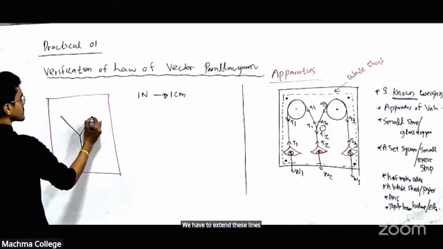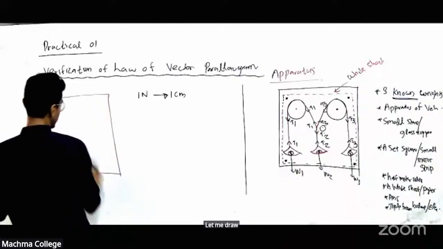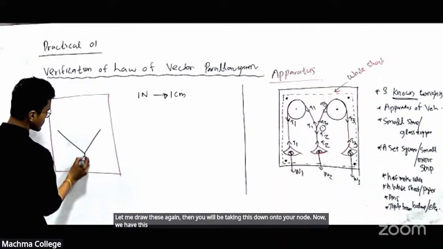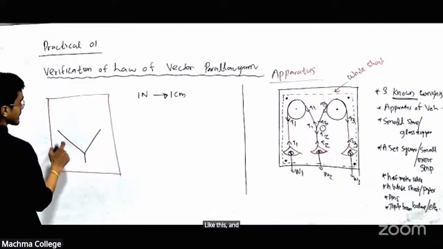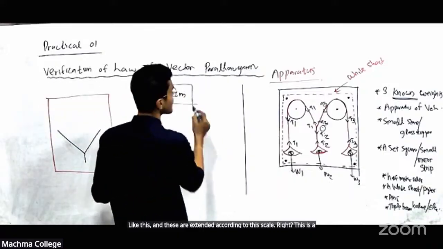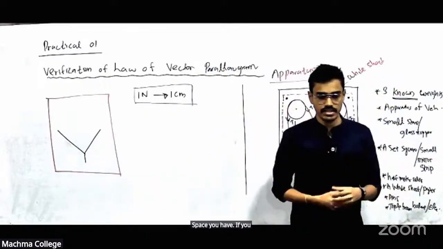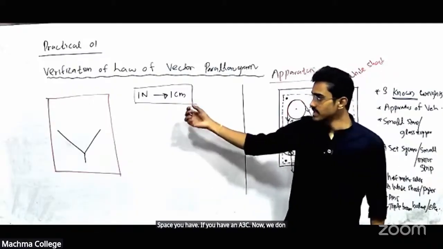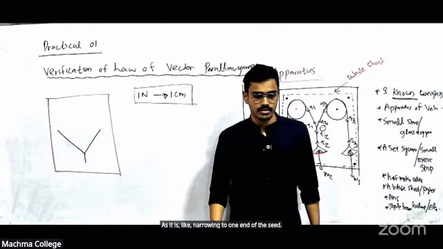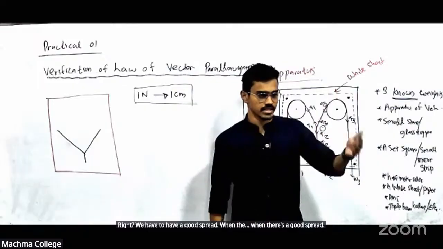Let me draw this again, then you will take this down onto your note. We have this on the sheet, and these are extended according to the scale. This is a scale that we can decide based on the space you have. If you have an A3 sheet, we don't use a scale that narrows to one end of the sheet. We have to have a good spread. When there's a good spread, random errors and percentage errors will be less.